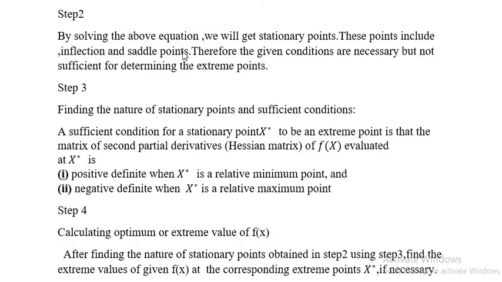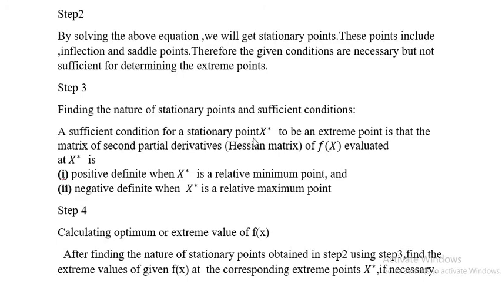In step 2, by solving the above equation, we will get the stationary points. These points include inflection and saddle points. Therefore, the given conditions are necessary but not sufficient for determining the extreme points. So, to find the nature of stationary points, we have to use sufficient conditions in step 3.